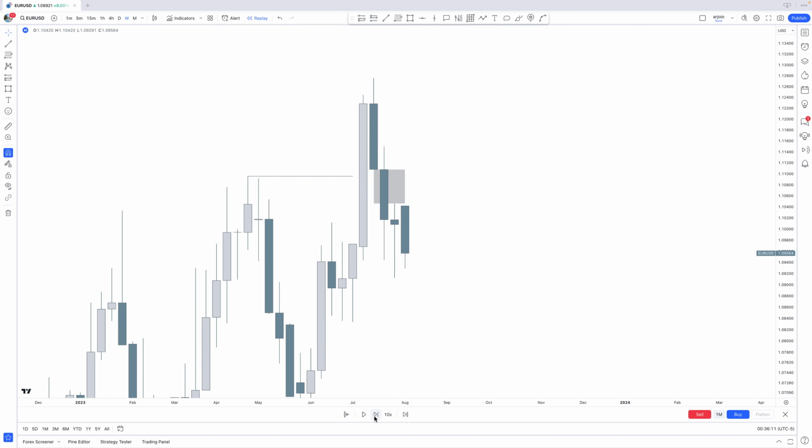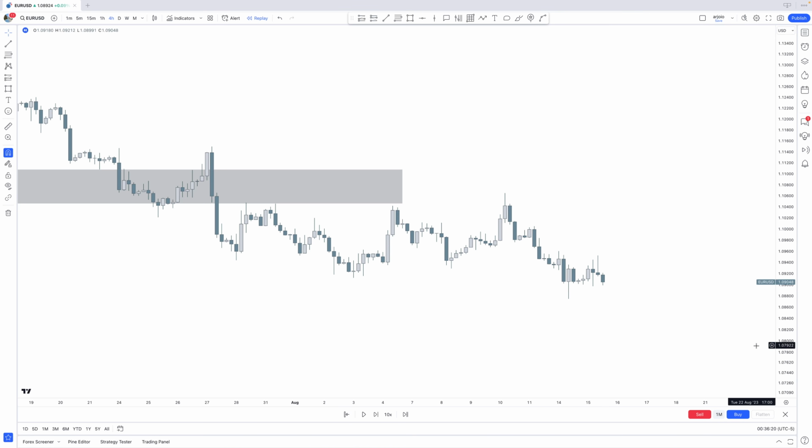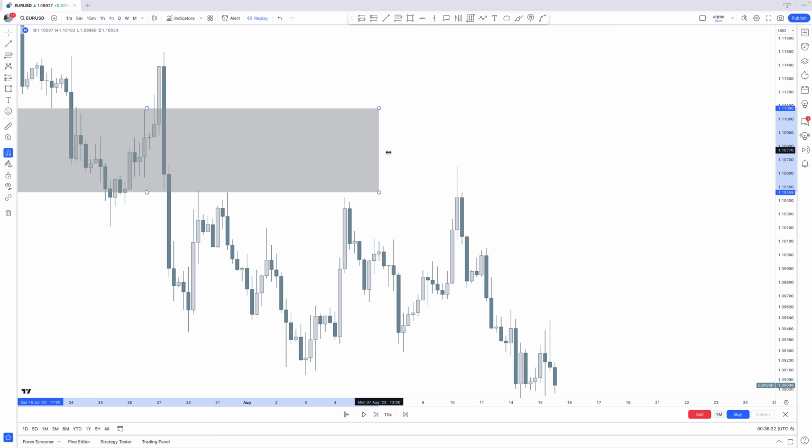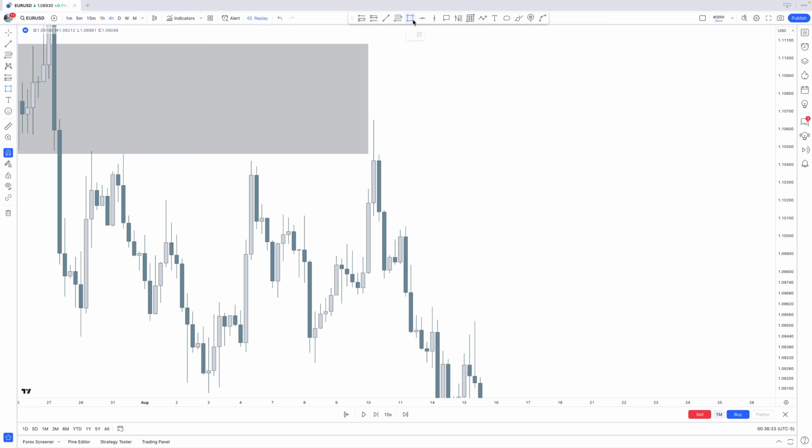Where eventually when we do come into that weekly fair value gap, the bearish fair value gap, and we go into the 4 hour, and that's still the higher time frame, right? Then we see the exact same thing happening. We have our potential reversal area right there. After that reversal area, we have a bullish fair value gap coming into that reversal area.